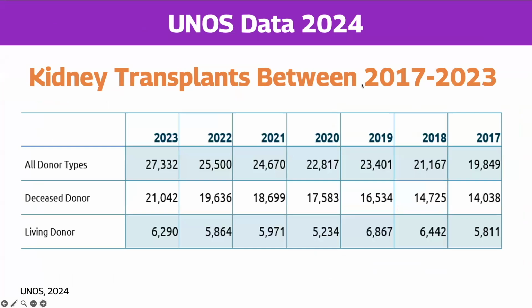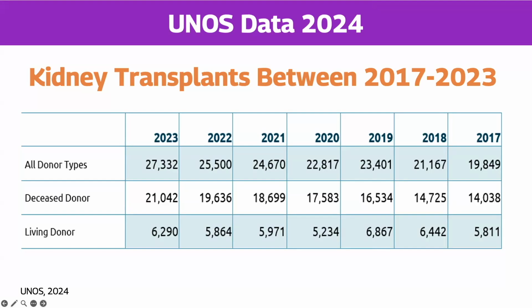So looking at the United Network for Organ Sharing, also called UNOS, data between 2017 and 2023, there have been some 122,000 deceased donor kidney transplants and almost 43,000 living donor kidney transplants performed in the United States during this time.